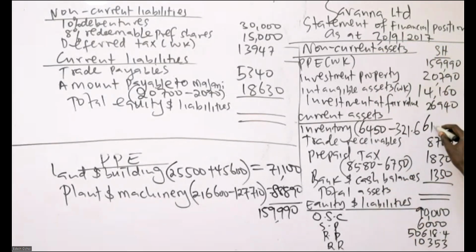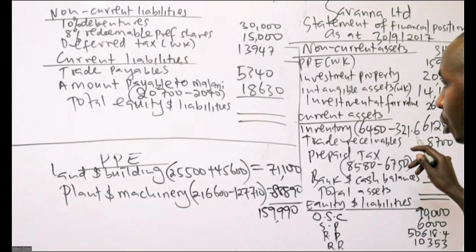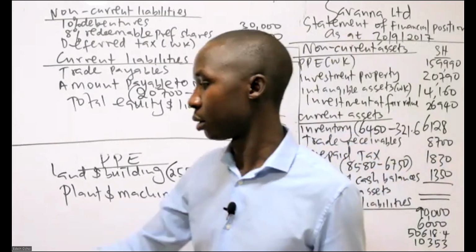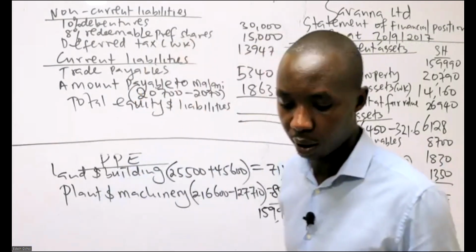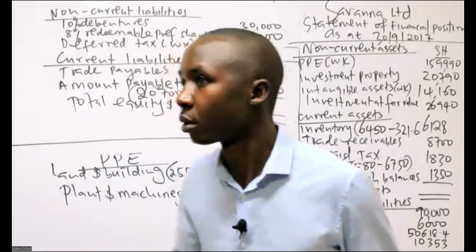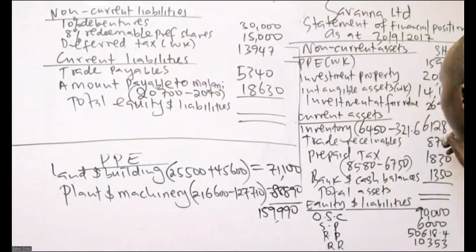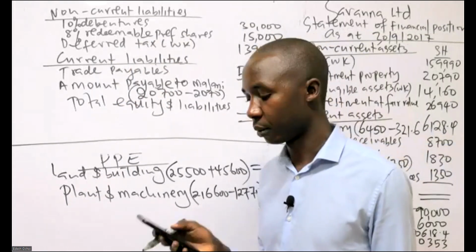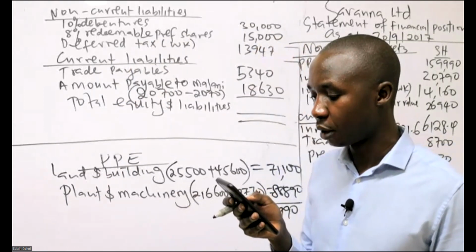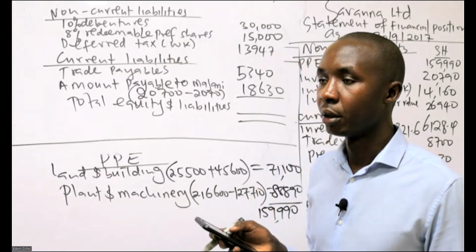Mwalimu, how about current tax? I considered prepayment or what? Let me check in that question. The current tax was already in the trial balance. Income tax of 8,580.